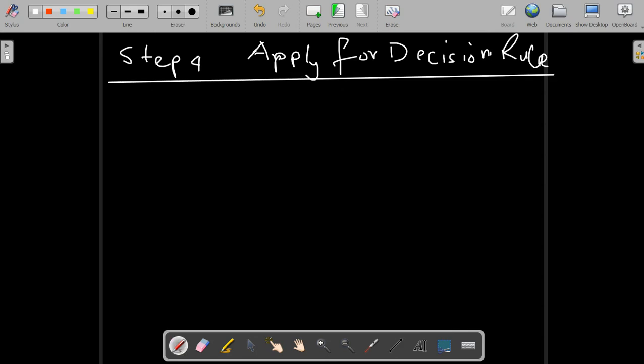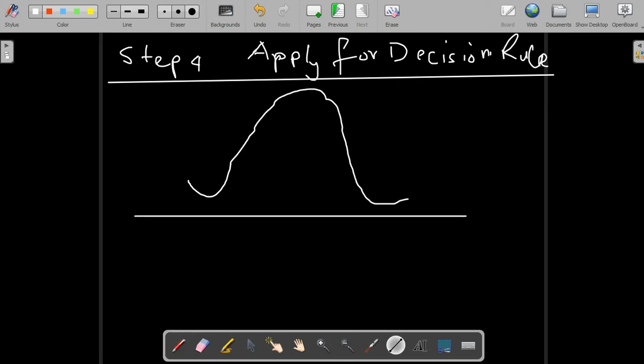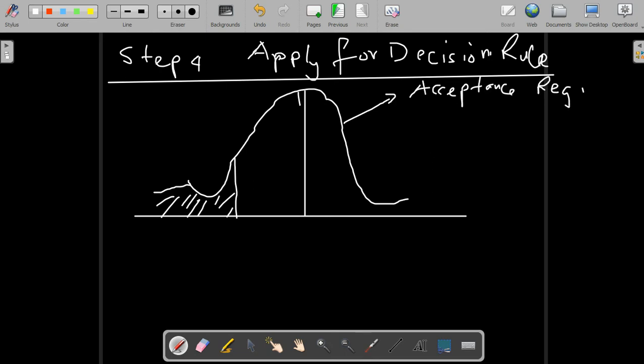We choose where we can accept or reject the null hypothesis. We apply the decision rule by drawing out this situation over here. We have the acceptance region on the right-hand side, and we have also the rejection region on the left-hand side.